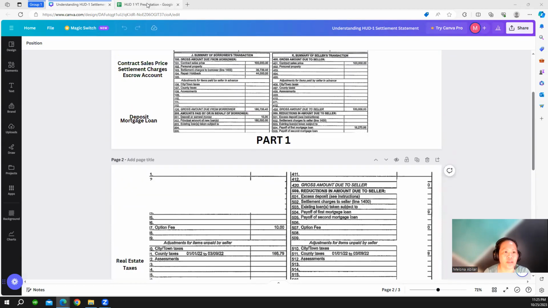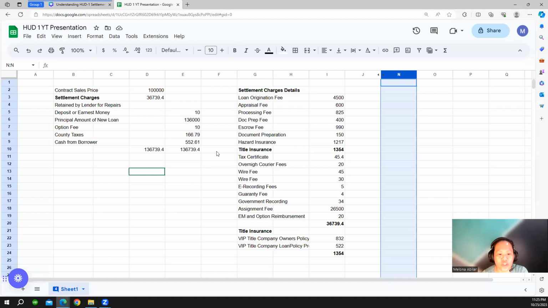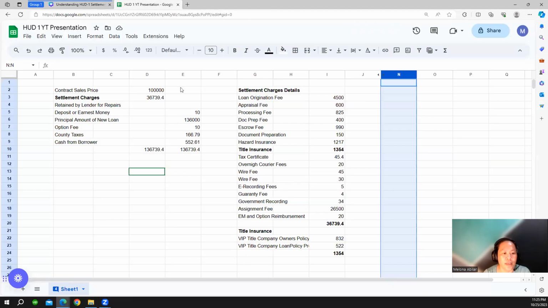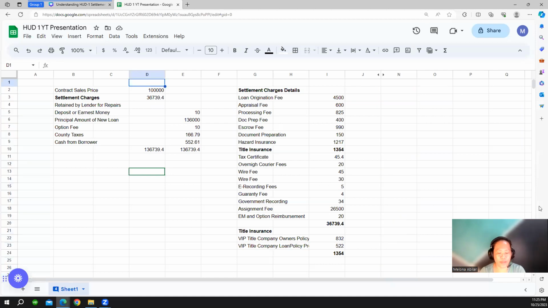Okay, so the next thing that we are going to do is to map all these items or transactions in Google Sheet. So this is our Google Sheet. We are now going to map all of this in the form of debit and credit. This is the debit side and this is the credit side.